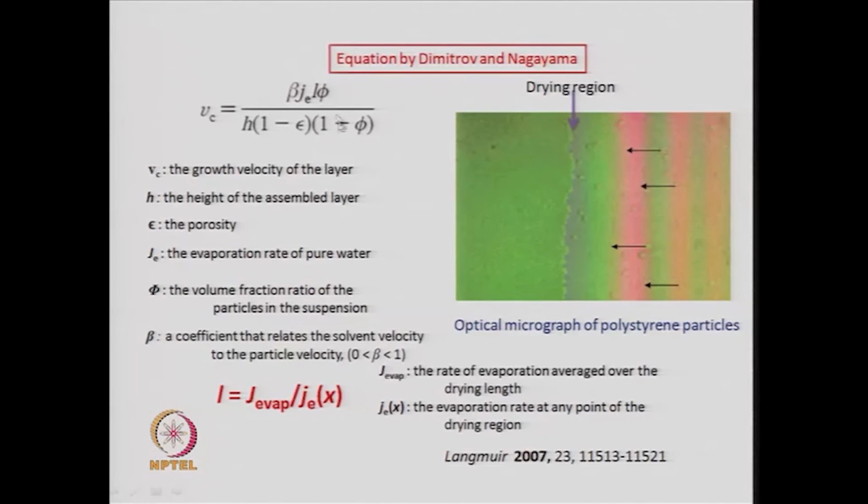It depends directly on that. And then there are other factors, the height of the assembled layer, etc. So, this equation gives you the growth velocity of the layer, how fast you can grow the layer on this surface. There are several of these terms which tell you about this growth velocity.